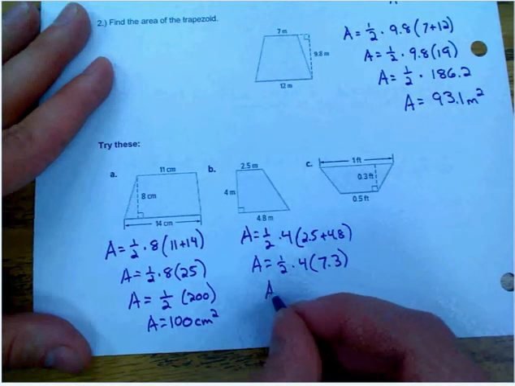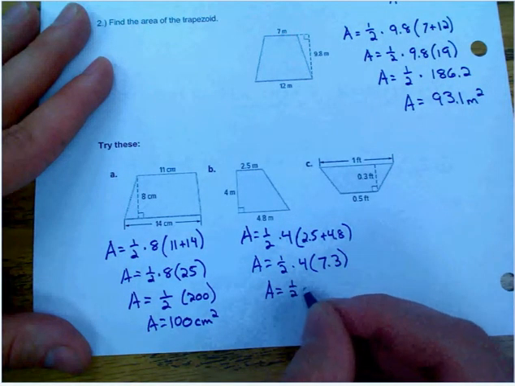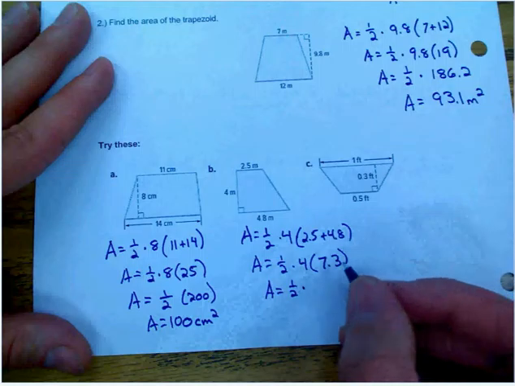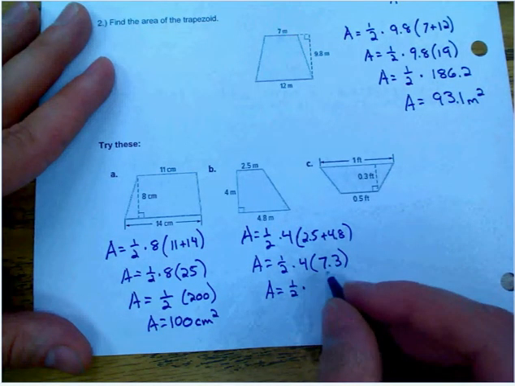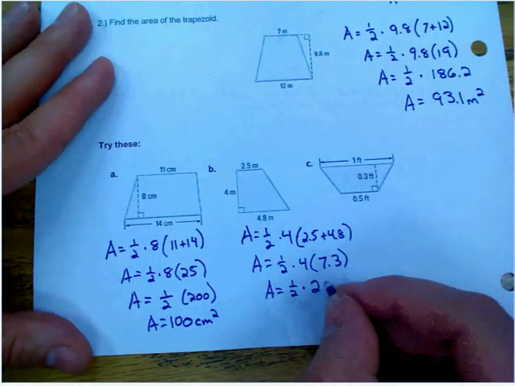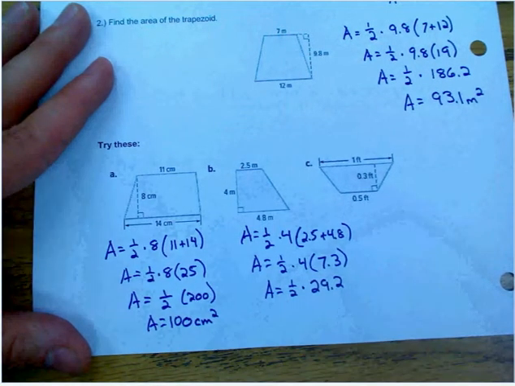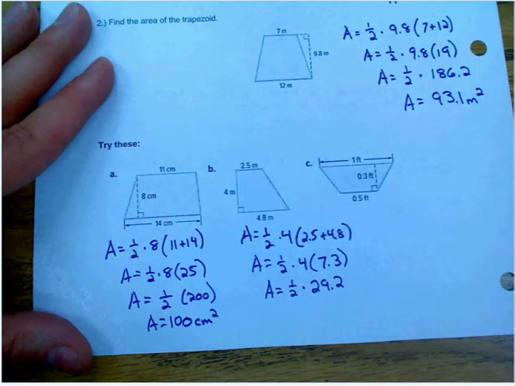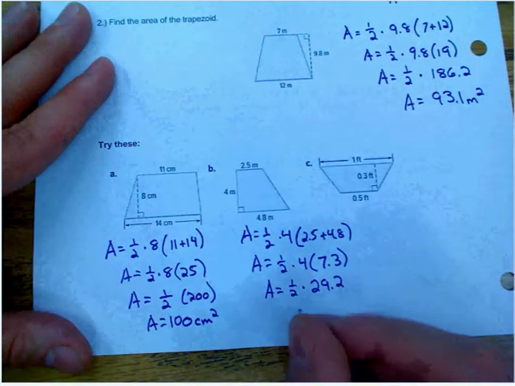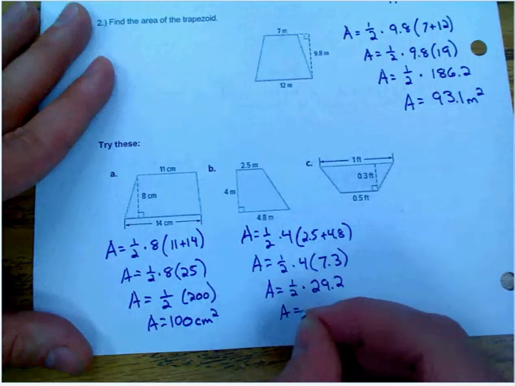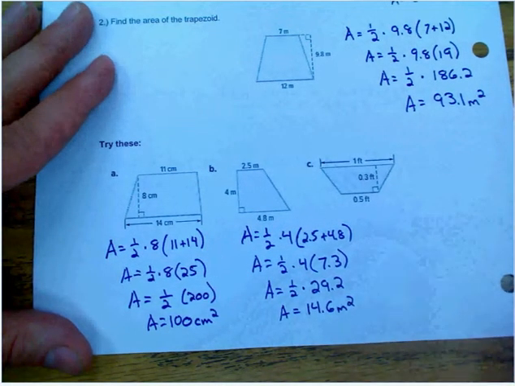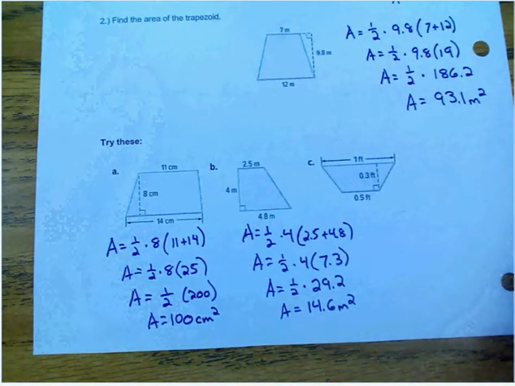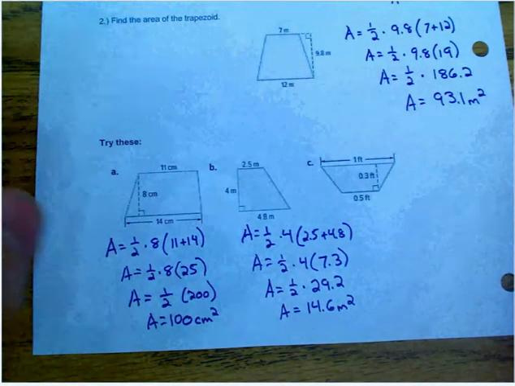Keep it going. 4 times 7 is 28. 4 times 0.3 is 1.2. 28 plus 1.2 is 29.2, times 1/2 equals 14 6/10 meters squared. It's just following that pattern. Get it right, get it in there, go from there.